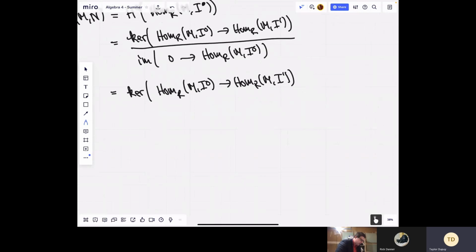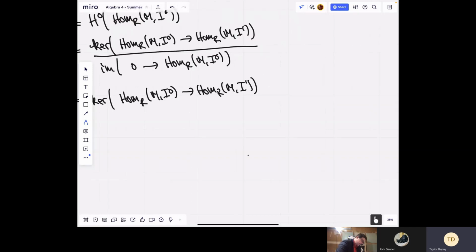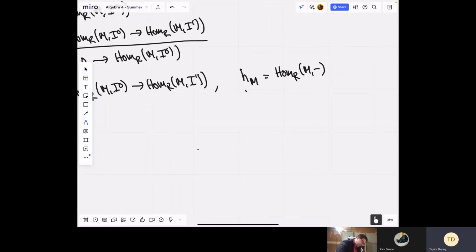So this is the kernel of this thing. This is really the kernel applied to I0 to I1. So this functor HM, which is the functor Hom(M, -), is a representable functor, and so it preserves limits.